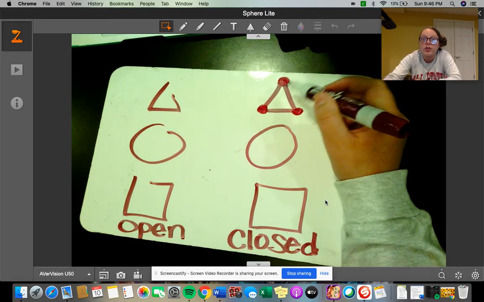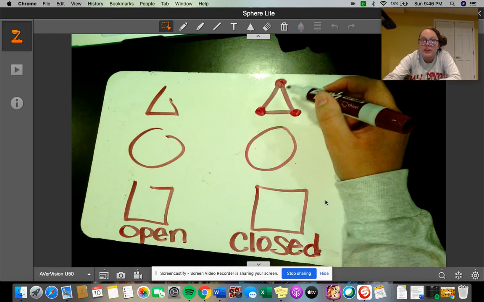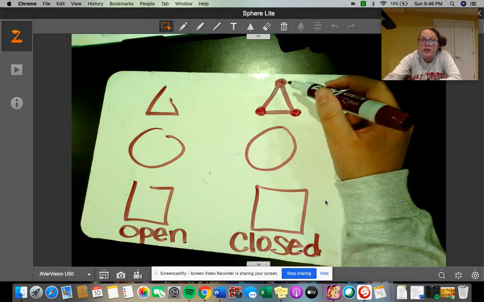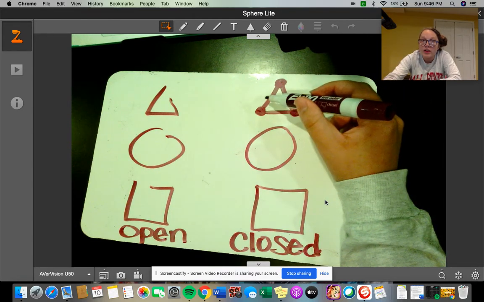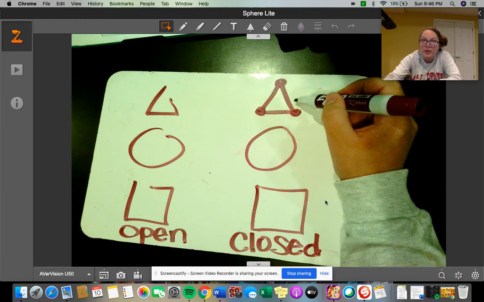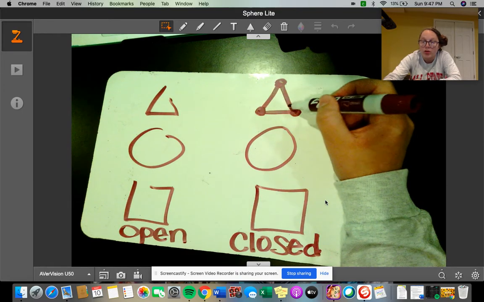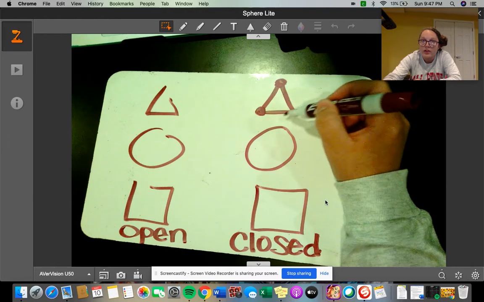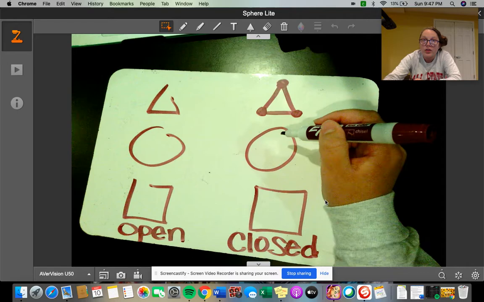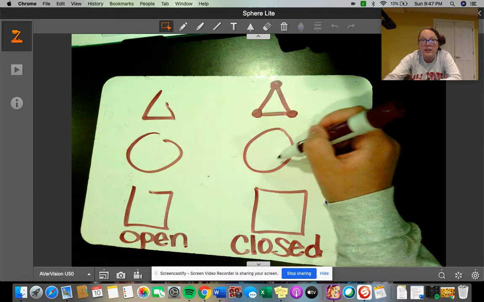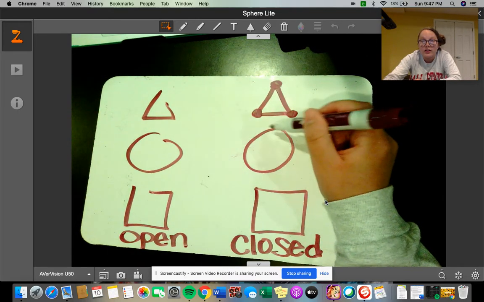The corners are where the sides meet, so there are 3 corners. And the sides are what make up the shape. They're between the corners. So 1, 2, and 3 sides.